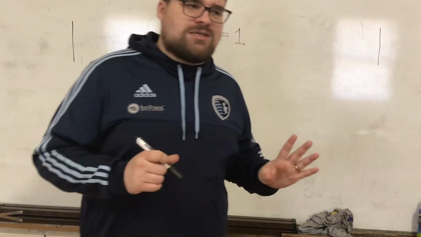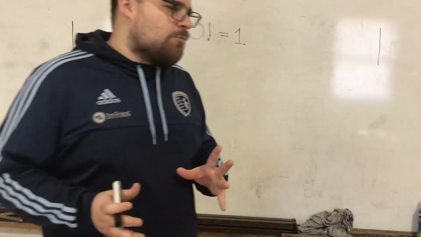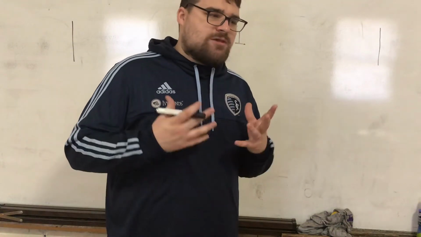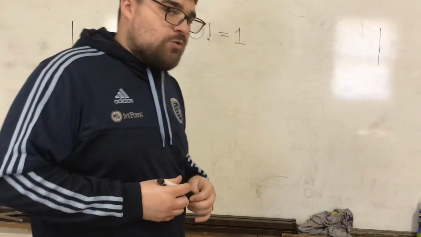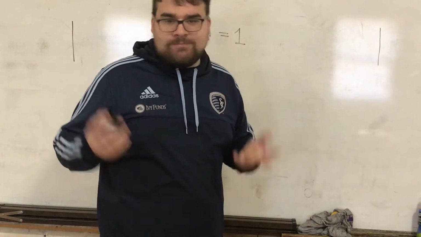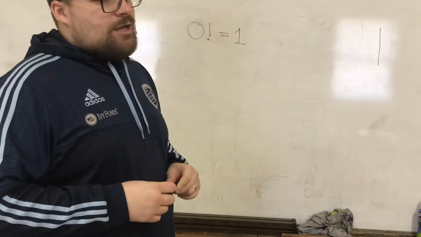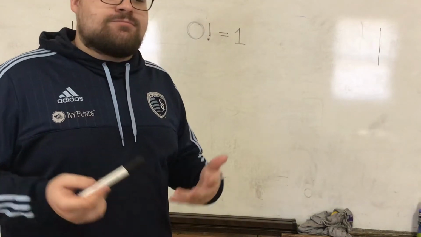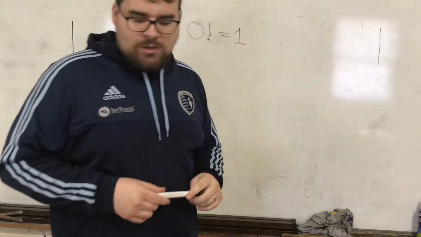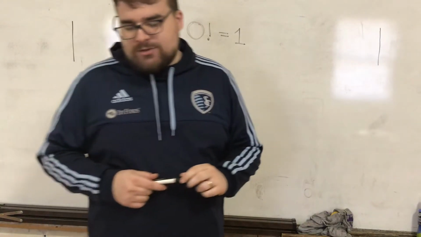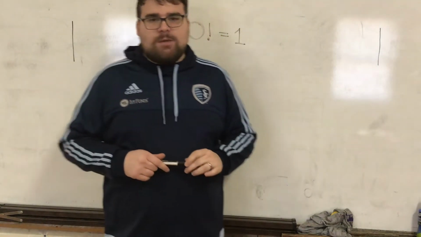It doesn't make sense, but for the purposes of what we're trying to do with it, we just have to accept it for what it is. And 0 factorial is in fact 1. Whether or not you understand the idea behind it, as long as you accept that as fact, you're fine. So what we're going to talk about today is permutations.